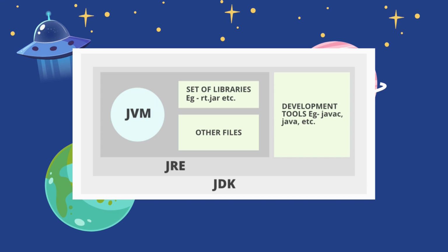So we can say that JVM is an implementation inside JRE, and JRE is inside JDK. That's what this diagram is meant for. These three are the most fundamental things, the three pillars of Java. Without knowing this, we cannot go further.